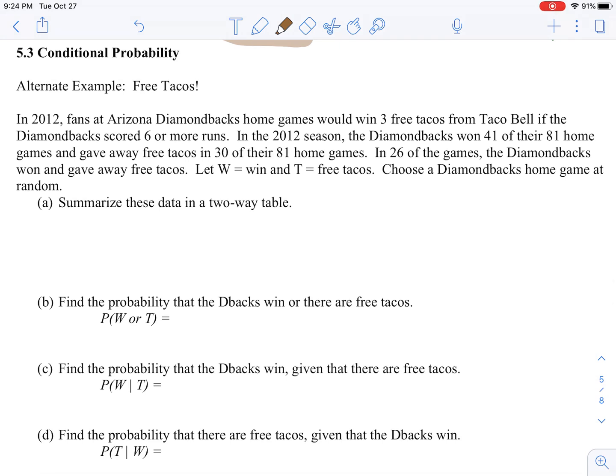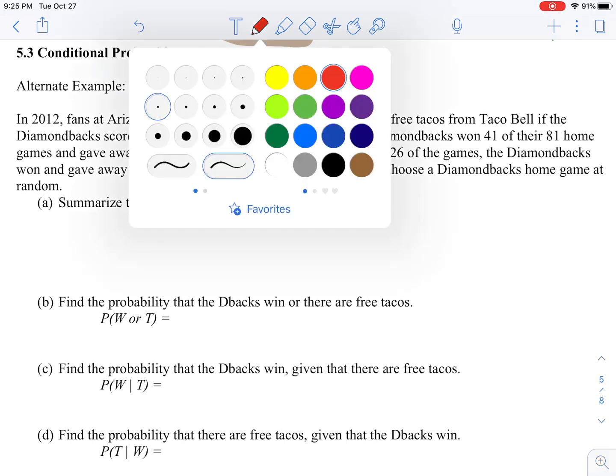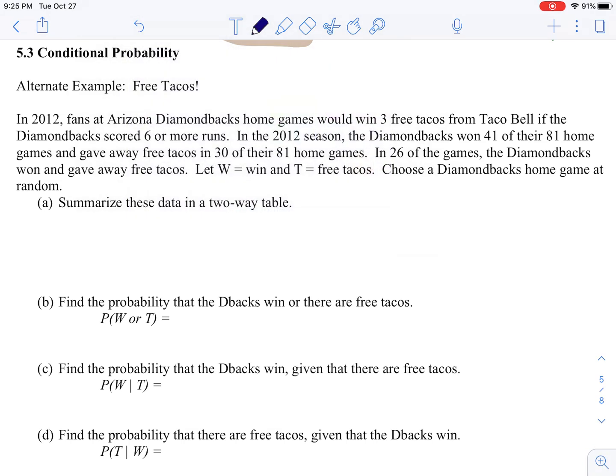All right, so now we're getting into section 5.3, some new material here, and we're going to start with summarizing a two-way table. So once again, if you read carefully and put these counts, these are going to be counts, not percentages this time. If you read carefully, the two variables are whether or not they won or lost the game.